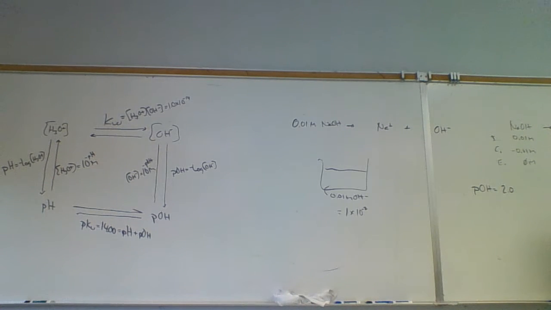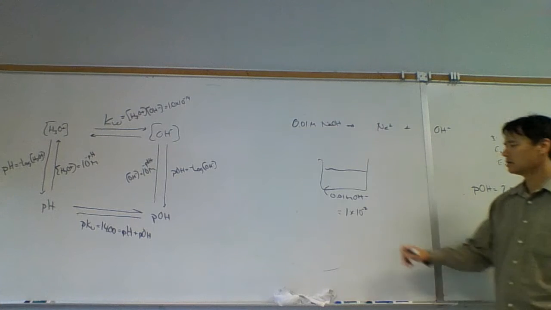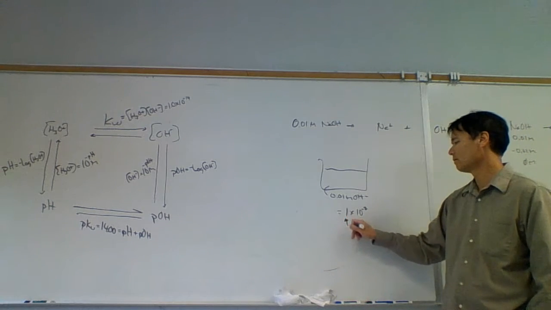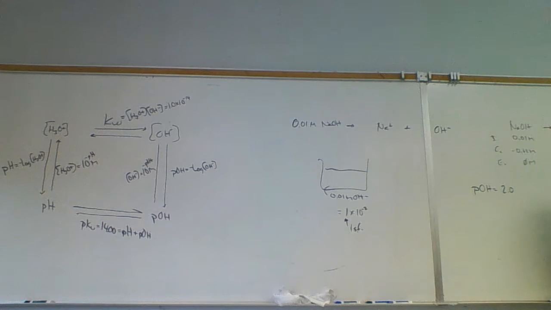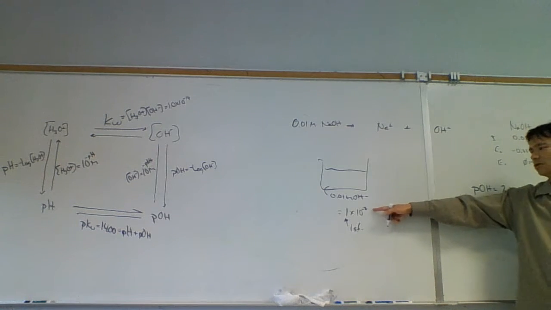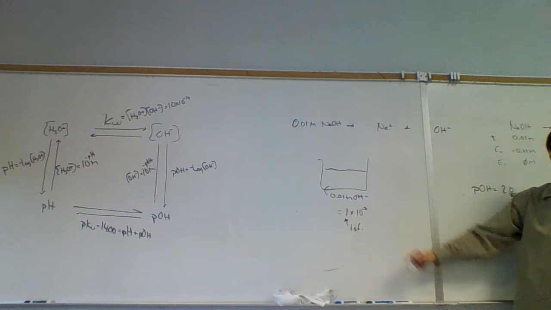The sig fig rules are a bit complicated, because here I show 1 sig fig. When you look at power functions, everything after the decimal is significant. Anything preceding the decimal is not significant. This 2 comes from that 2 there, so it's not significant.